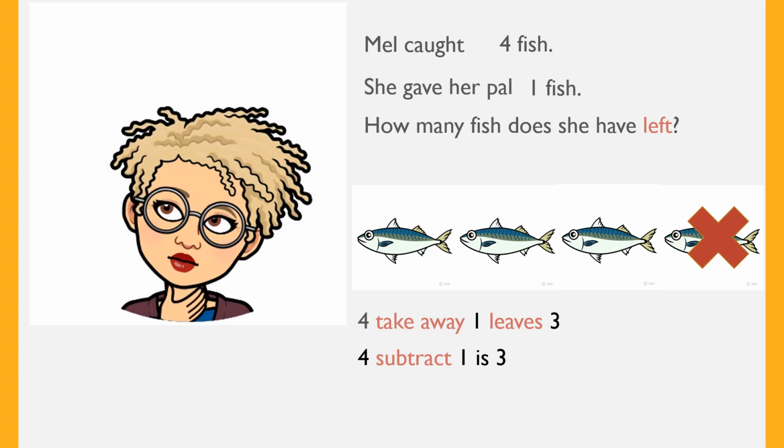So that's the language we're going to use, okay? 4 minus 1 equals 3. Now we say the word minus because we want to be reminded of the operator under this yellow arrow that is called minus. And minus means to subtract or take away.